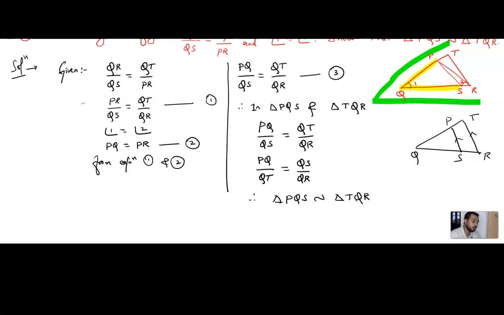Both the triangles are similar. What is the reason? SAS similarity criteria, that is one angle and one side of one triangle is equal to, here SAS we have to apply.